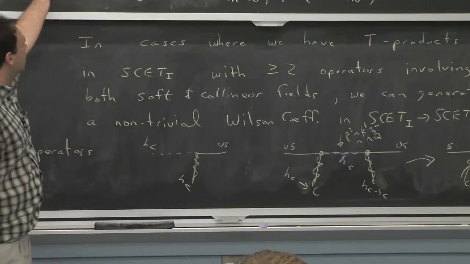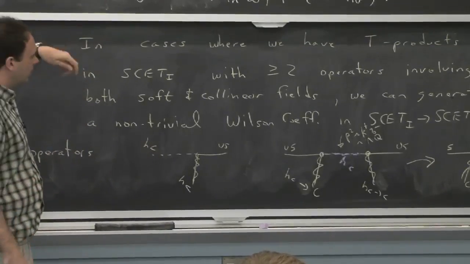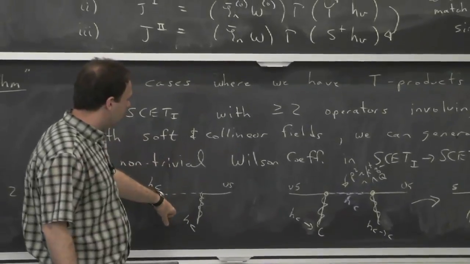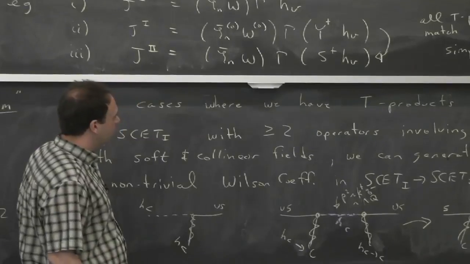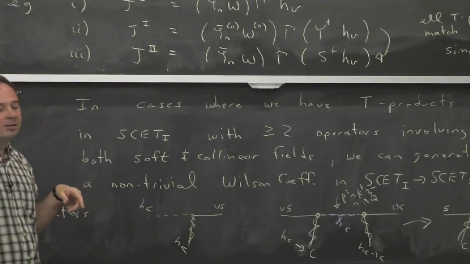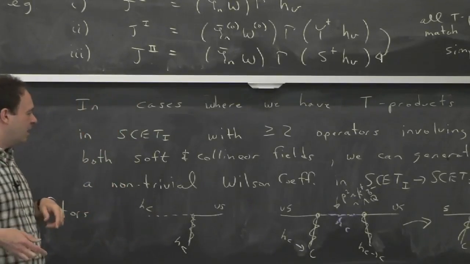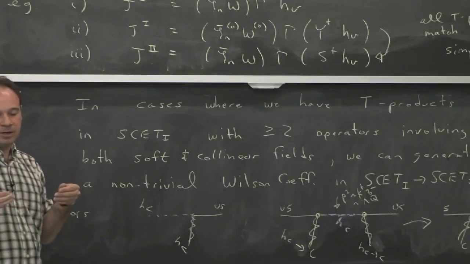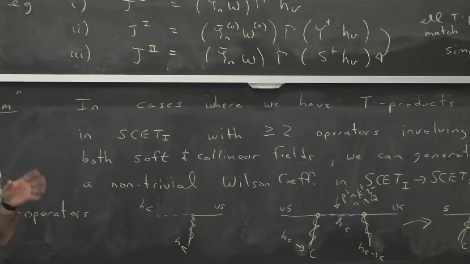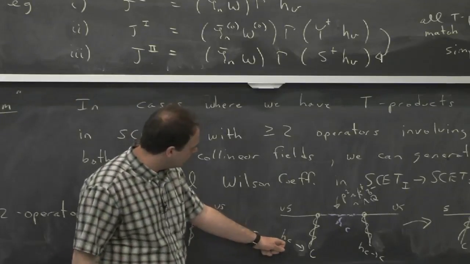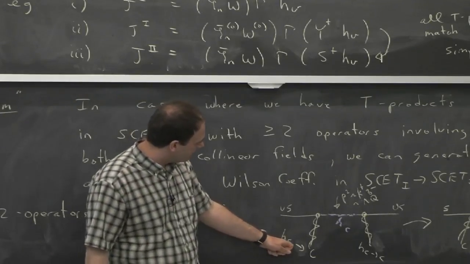That's what I do in step 1. I can do a field redefinition. It doesn't matter. But now I want to match from SCET1 onto SCET2. So what I do is I take my full theory, which is SCET1, and I evaluate it with fields that don't have the right power counting for that theory. And then I do a Taylor series expansion of all the diagrams. So that's this. I change my external fields, and I call them C instead of HC.